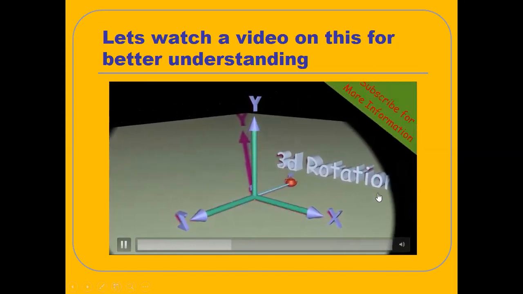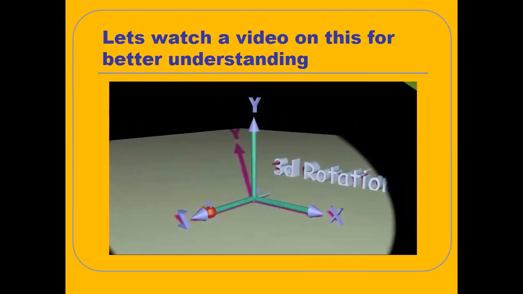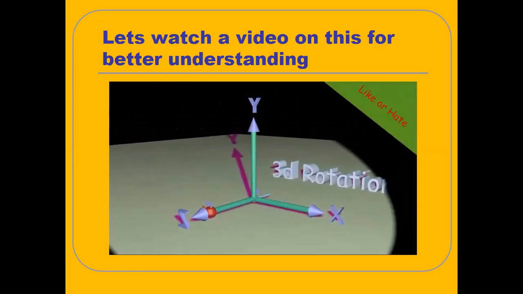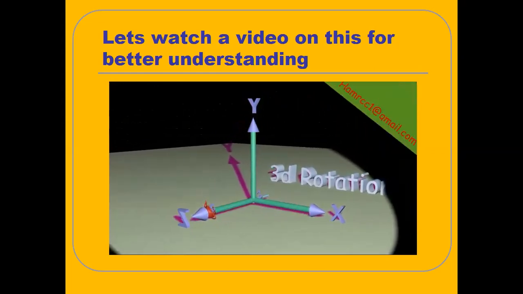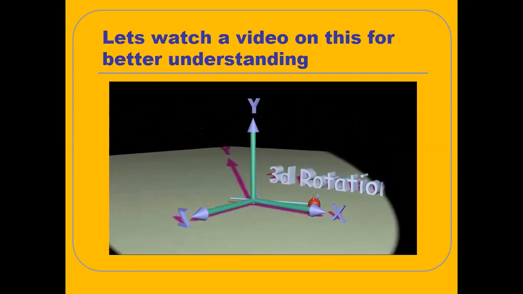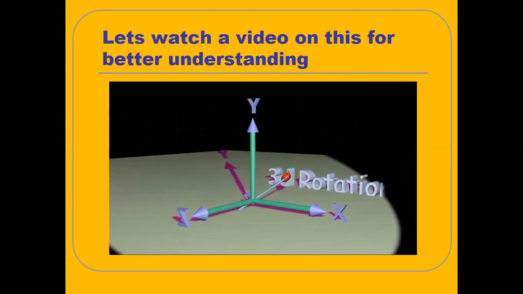Second step, rotate it such that it coincides with z or x or y. Third step, if you have coincided with the z-axis, rotate it via the z-axis. Fourth step, go back to the origin, inverse rotation. Fifth step, inverse translation. Go back to wherever you were.